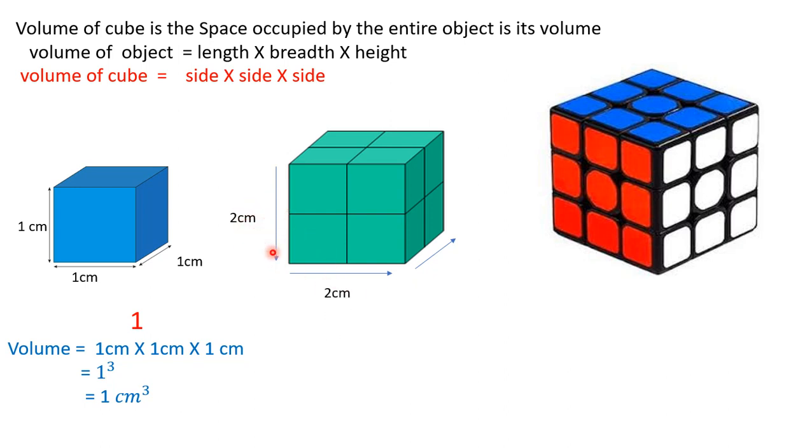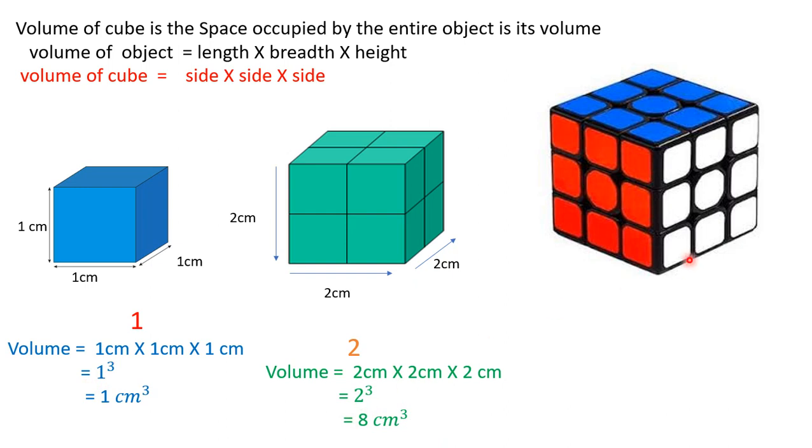In the second scenario the volume of this cube is 2 into 2 into 2, that is 2 cube, which is 8 centimeter cube. Now remember this: here we are getting 1 centimeter cube, and here we are getting 8 centimeter cube.